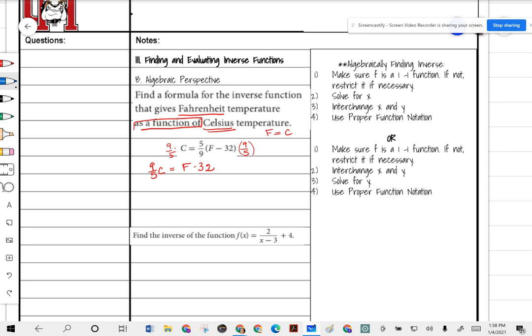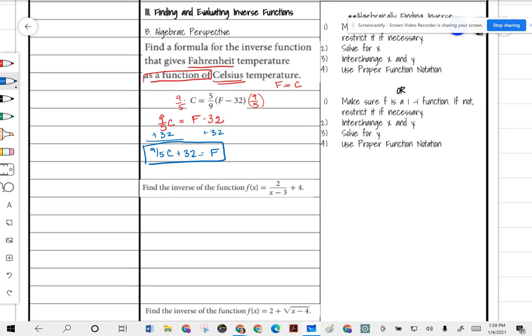And from here, I'm going to add 32 to both sides. So I get 9/5 C plus 32 is equal to F. So I found my formula in terms of Celsius, so that I can find my Fahrenheit temperature.